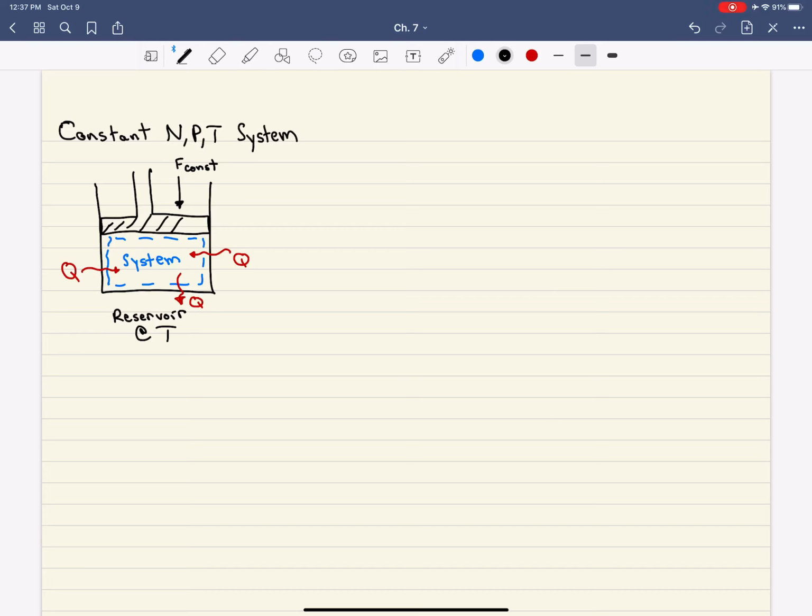And so to identify its equilibrium criterion, we once again will look at the universe, which is the system plus the reservoir.